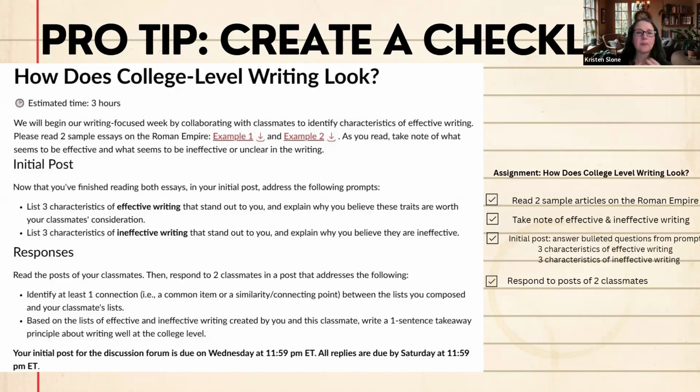So by identifying those six assignment components, and knowing the purpose and the task, I can come up with a checklist that summarizes what I'm being asked to do in about two minutes. Don't be afraid to do that.